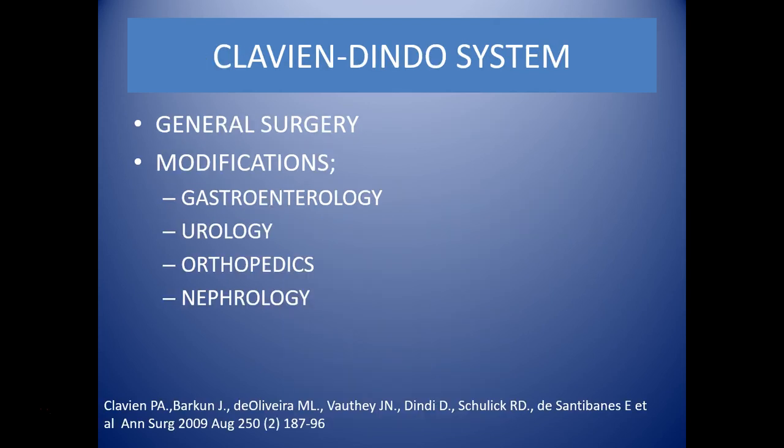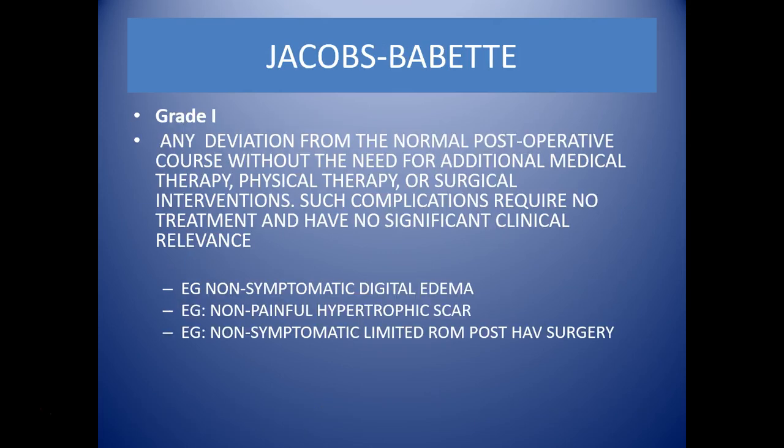and the majority of non-unions of the great toe joint have symptoms that resolve when hardware is removed and don't require an extensive revision. In general surgery and gastroenterology and urology and orthopedics and nephrology, there is a system in place for classifying the extent of complications. So I've modified that complication system and named it after myself and my wonderful former Yorkshire Terrier, Babette.